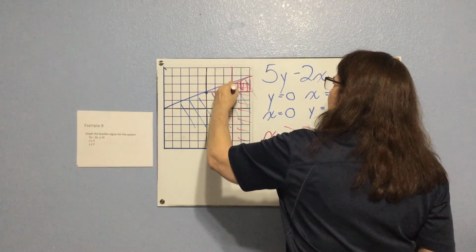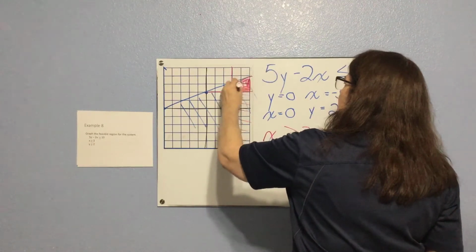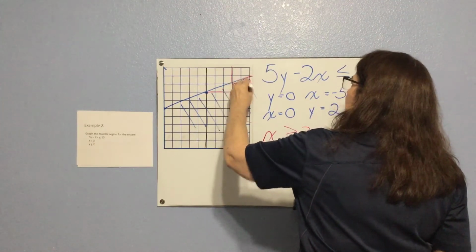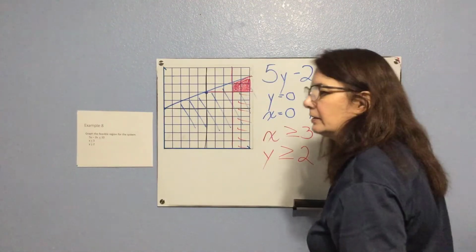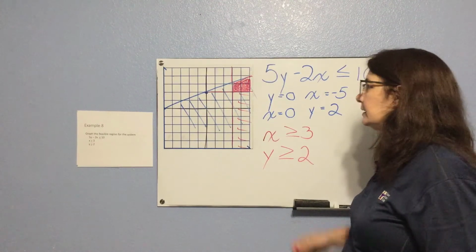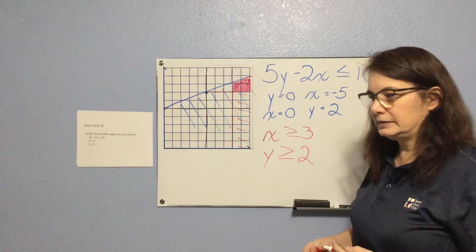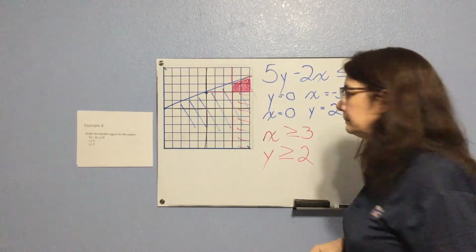And so I have this region that is my feasible region, but you might notice there's no side over here. So this region is not bounded, but it still is a feasible region for this set of inequalities.